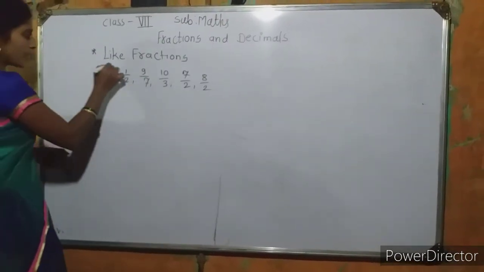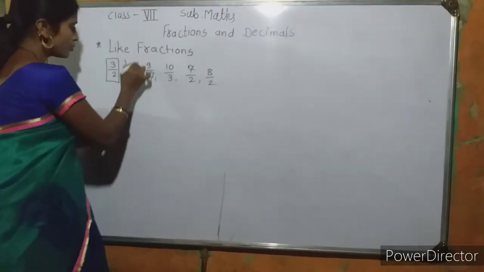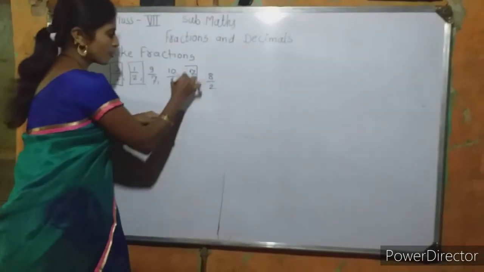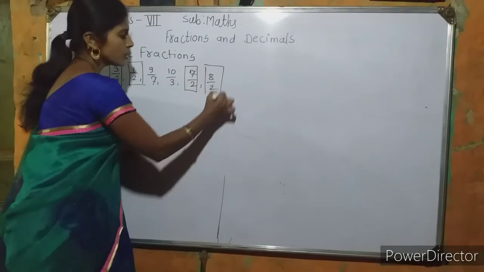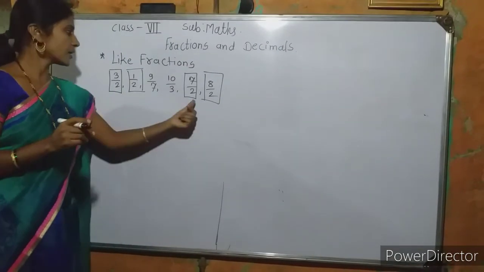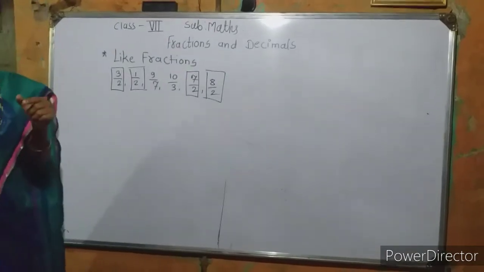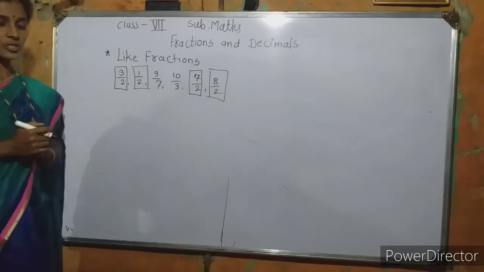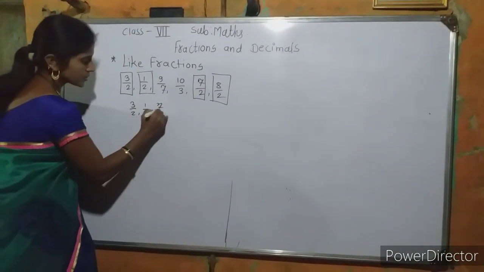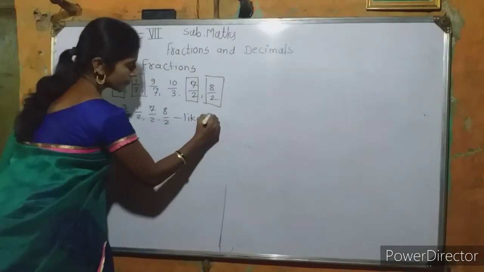That means 3 by 2, the denominator is 2, then 1 by 2, the denominator is 2, 7 by 2, denominator is 2, and 8 by 2, denominator is 2. So 3 by 2, 1 by 2, 7 by 2 and 8 by 2 are like fractions.